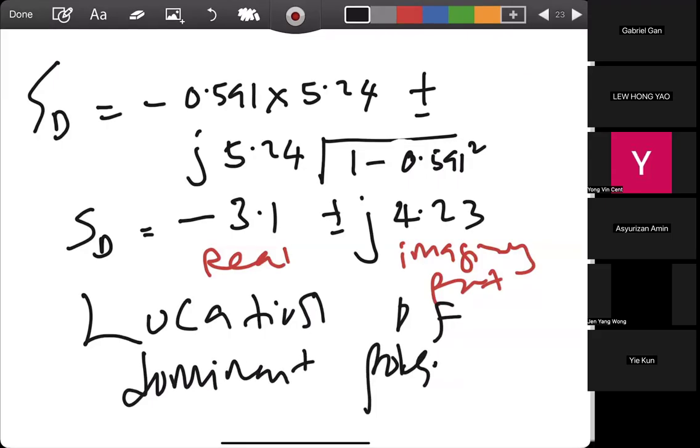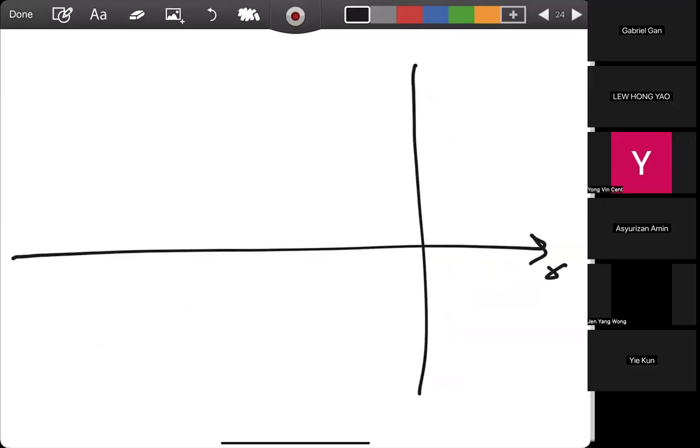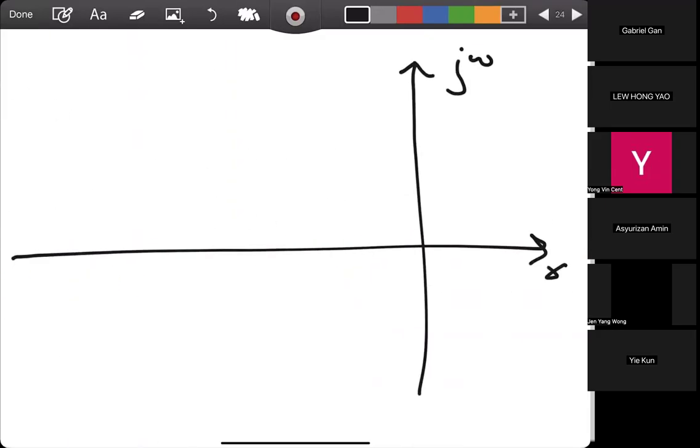And the next question asks you to design the PD controller. For that purpose, we have to draw. Minus 3.1, let's say over here, plus j 4.23.